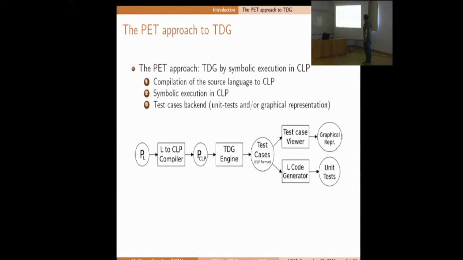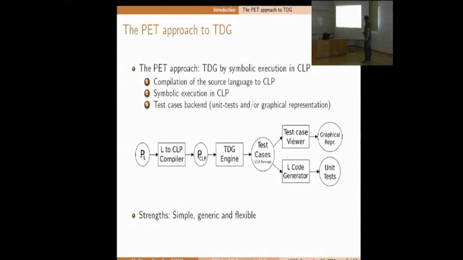Okay, so this is the basic architecture, and we have these strengths. So this is simple, compared to other approaches where you have to develop from scratch a symbolic virtual machine for a particular language. Since we are relying on constraint logic programming, developing it here, as we will see, is much easier and simpler. Then this is language independent. This is the core of the architecture.